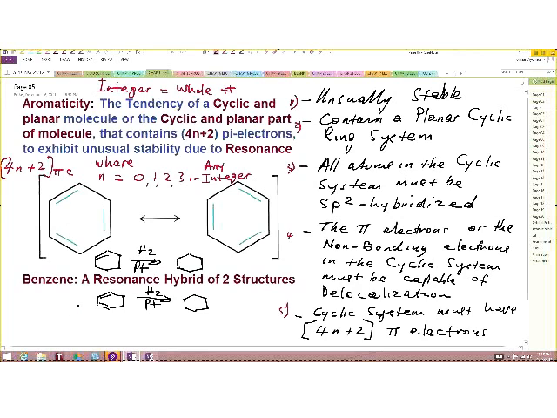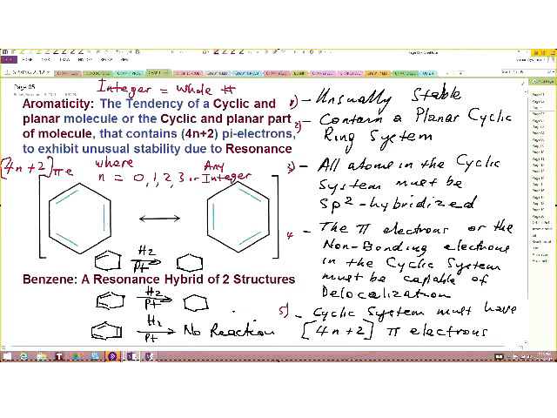On the other hand, if you take this molecule that we call benzene and you do the same thing, no reaction at ordinary conditions.